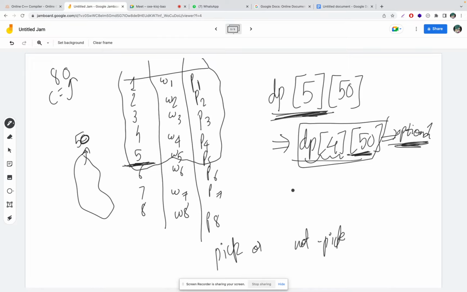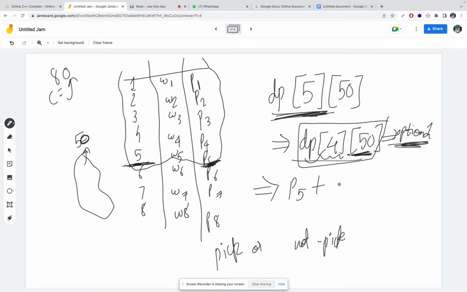But guys, if you decided to include the fifth element, then the answer would be what? P5 would come in the profit, right? Because you're including the fifth element, yes or no? P5 would come.